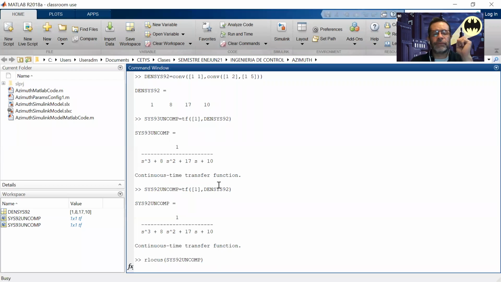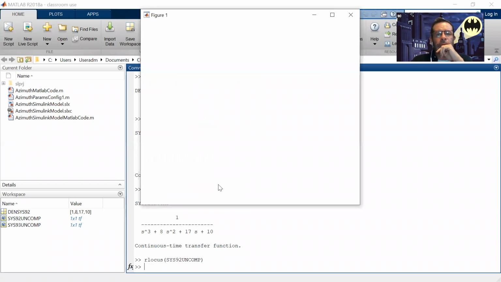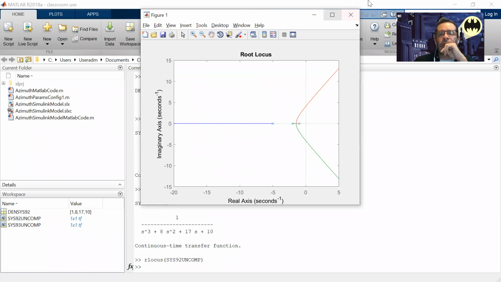And look at the root locus of the uncompensated system.